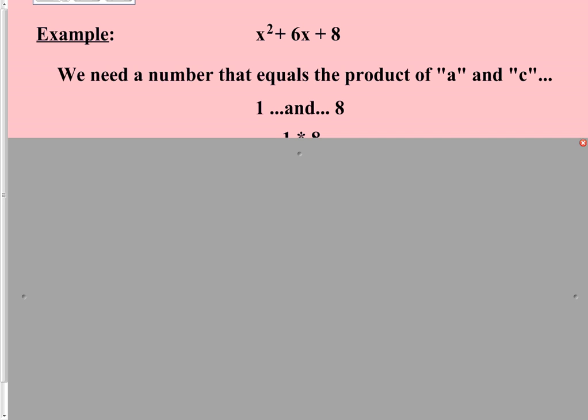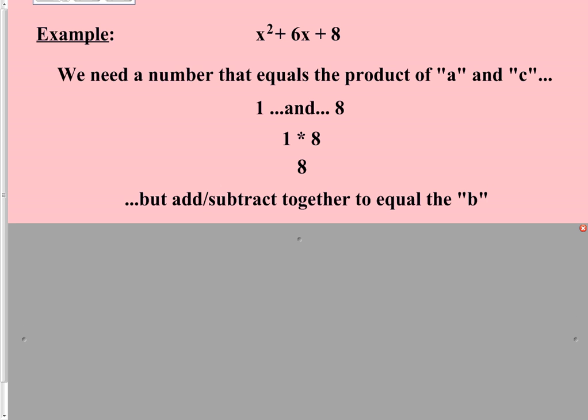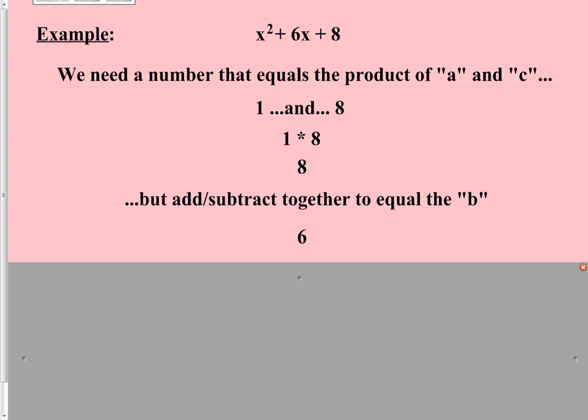Now, obviously, 1 times 8 is 8. So we're going to be looking for something that will multiply together to equal 8, and at the same time we'll want to add or subtract together to equal whatever our B term is. In this case, the B is the coefficient of the x to the first term, so we are looking at a B term of 6.